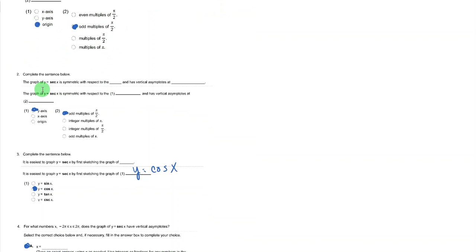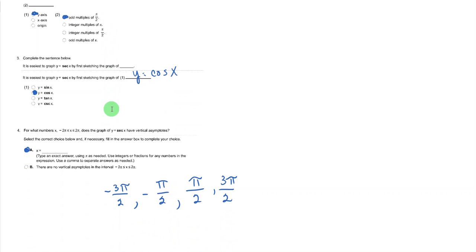The graph of secant is symmetric with respect to the y-axis and has vertical asymptotes at odd multiples of pi over 2. The easiest way to graph secant is by first sketching the graph of cosine. Remember, cosecant is tied to sine, secant is tied to cosine.